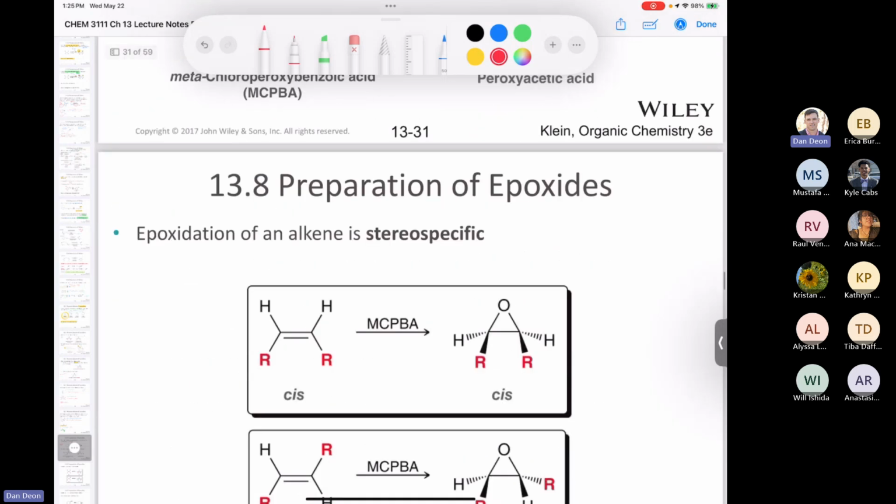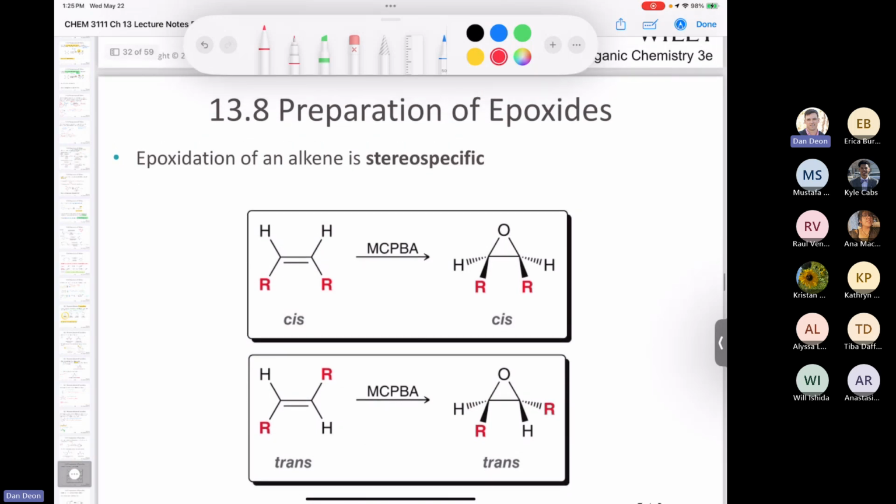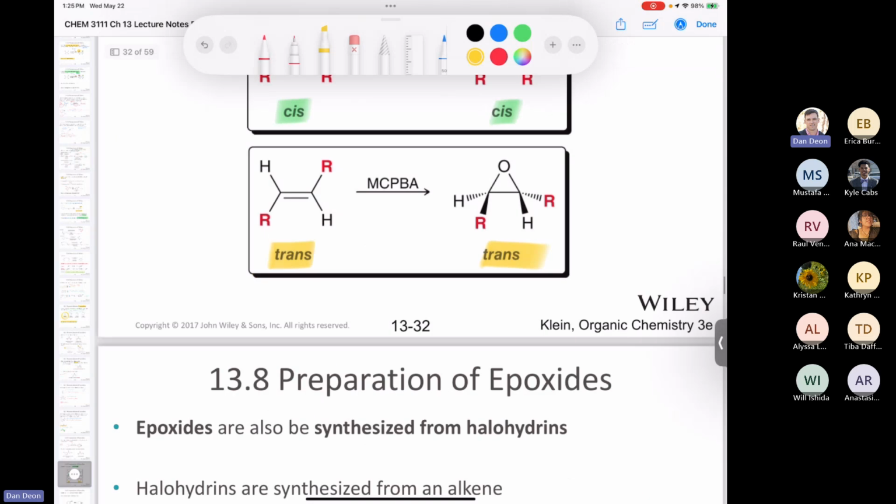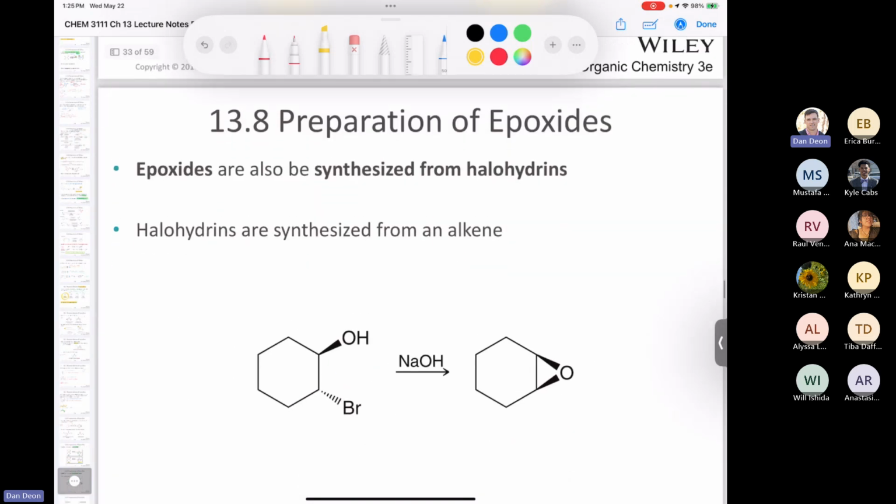And again, the reaction is stereospecific. If you start with a cis alkene, you end up with a cis epoxide. If you start with a trans alkene, you end up with a trans epoxide. So remember that this reaction is stereospecific. Cis yields cis, and trans yields trans. Okay, good enough.